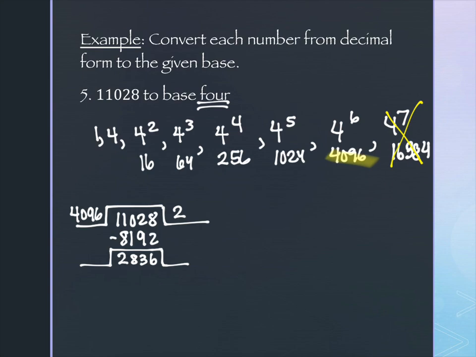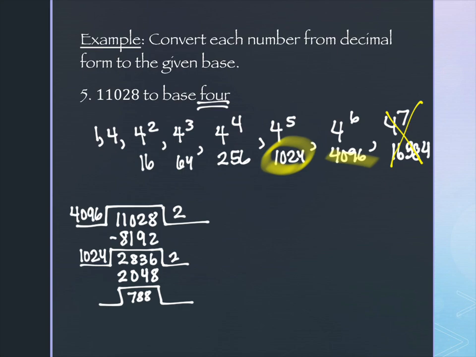The next value we divide by has to go down the line. We've already done 4096, so now we're at 1024. No skipping allowed. How many times will 1024 go into 2836? 2 times. 2 times 1024 is 2,048, yeah. And we subtract, we get 788.